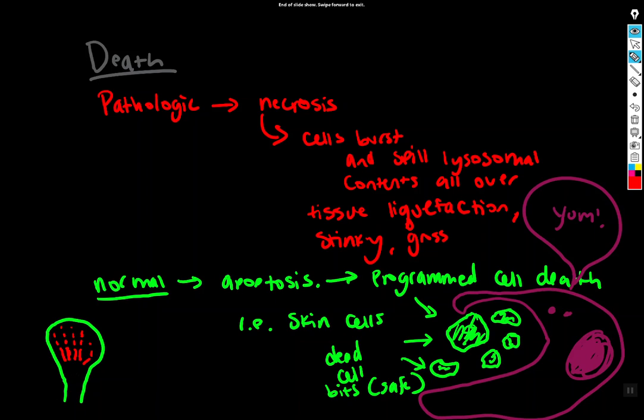But then the cells in between your fingers, which I'm going to mark as being yellow, started to undergo apoptosis and basically etched out your fingers until you end up with a little fetal hand with actual fingers instead of just a nub paddle. So the reason you have fingers that are separate from each other is thanks to apoptosis.